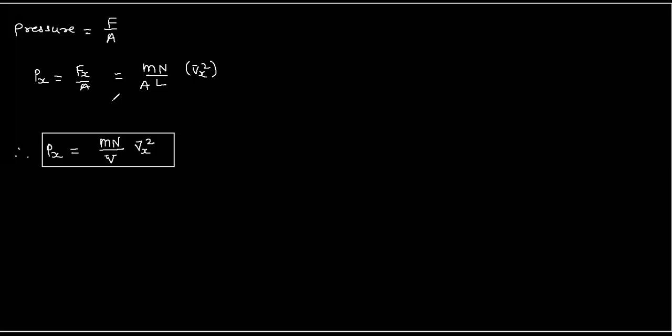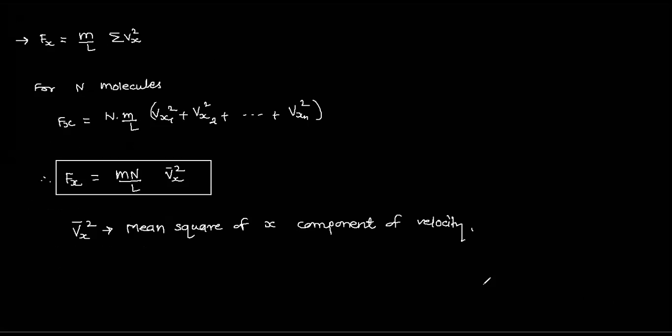But for any molecule, V bar square is equal to Vx bar square plus Vy bar square plus Vz bar square. And we know this is the average mean square. Bar is not a vector, this is the mean square of the x component.